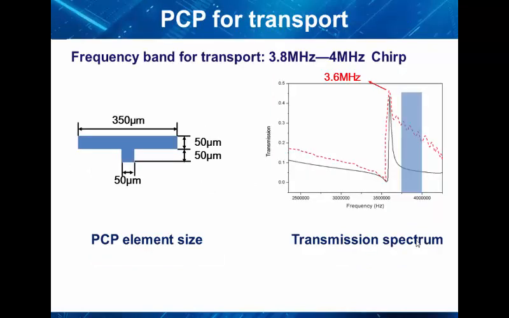The phononic crystal plate used in this study has a lattice of 350 micrometers, and from the transmission spectrum, we can see that the resonance frequency is around 3.6 MHz. We use the frequency band beyond the resonance to transport particles.